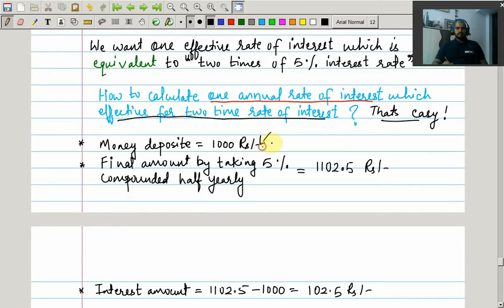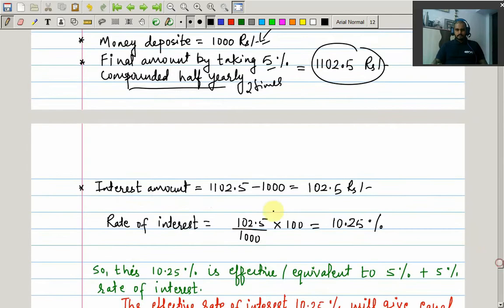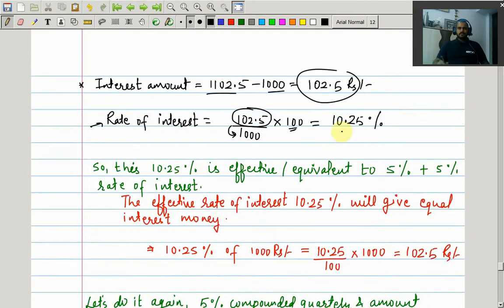You have deposited 1000 rupees. Final amount by taking 5% compounded half yearly, that is 2 times, is this much. Interest amount, so final amount minus initial, 102.50. So rate of interest is this much extra money on 1000 rupees into 100. That is the formula to find the rate of interest. So 10.25.